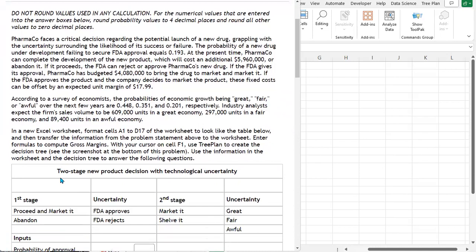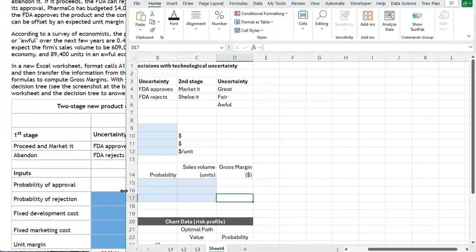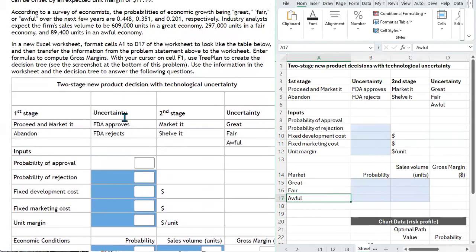Now, we're going to build the decision tree and the spreadsheet model in cells A1 to D17. And what you want to do is copy this format. I've already done that here. And then I give you an outline at the top here of the various stages. In the first stage, the company has to decide between proceeding and marketing it or abandoning it altogether.